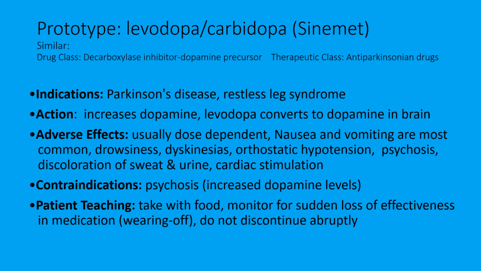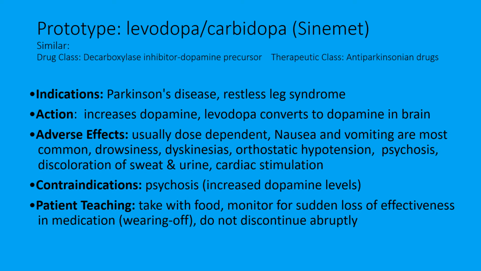Because this converts to dopamine as well, it can play around with the autonomic nervous system, and you can get orthostatic hypotension, meaning if an older person stands up too quickly on this medication, their blood pressure can drop. Psychosis, well, if you remember from a previous module, schizophrenia and psychosis is felt to be from excessive dopamine levels.